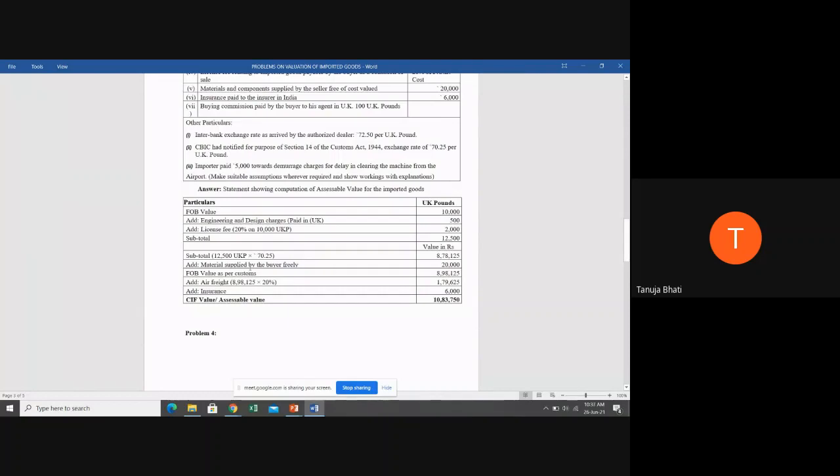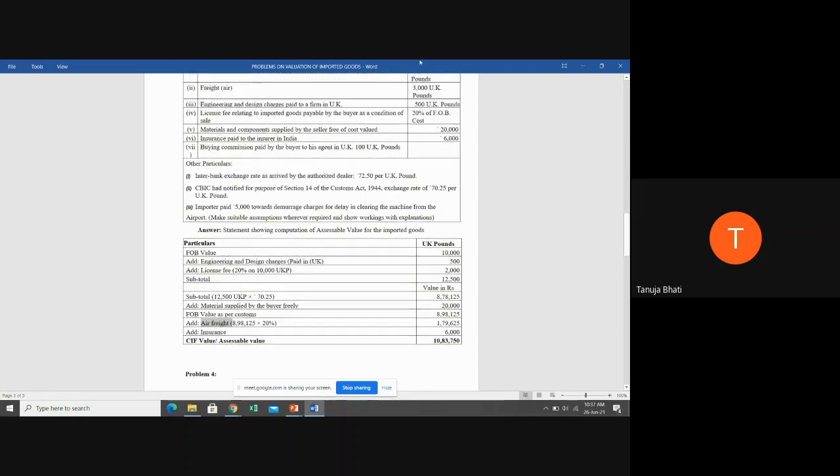Students, when the transportation is happening through air, you need to compare the actual freight with 20% of FOB. Whichever is less, you need to take as your air freight. The air freight actually given in the problem is 3,000 UK pounds.